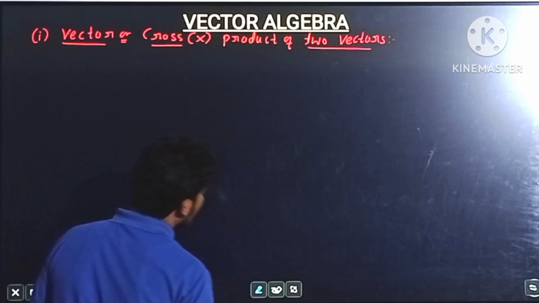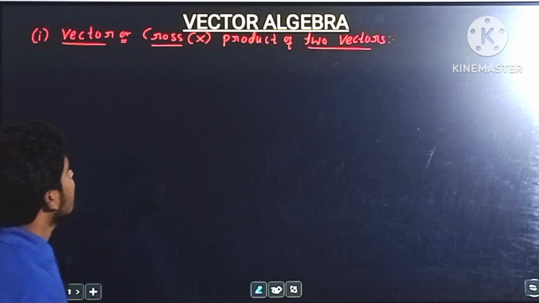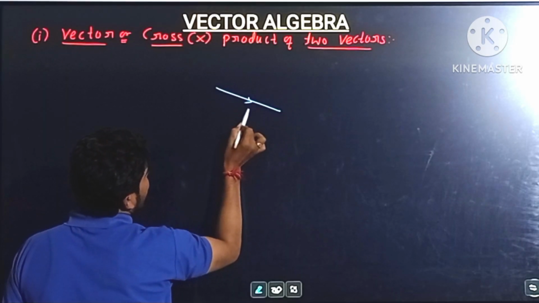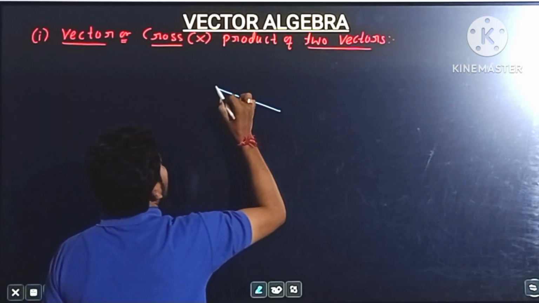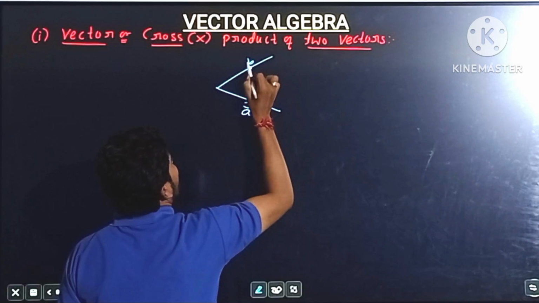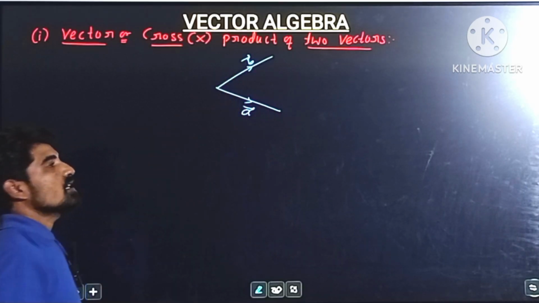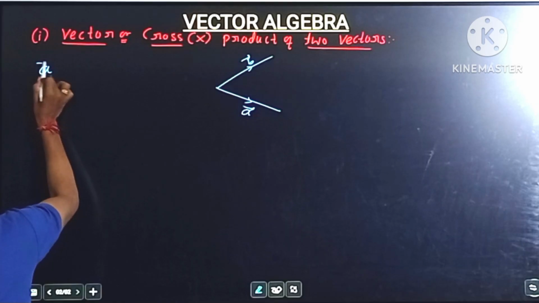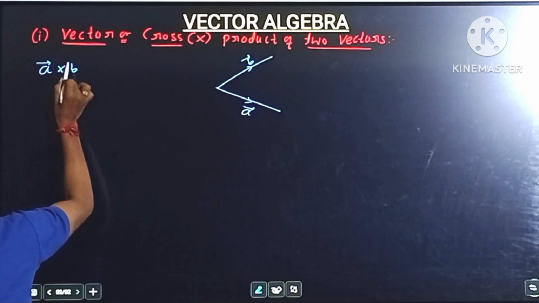So let us suppose this is a vector and this one is b vector. The cross product of these two vectors is denoted by a vector cross b vector.